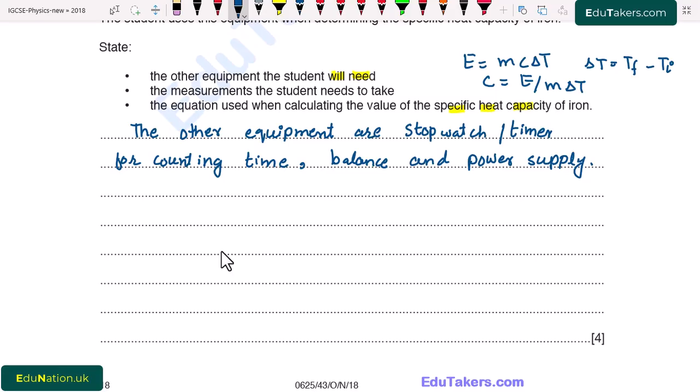So we also have to know about this temperature. So the measurements that student need to take is measuring the mass and also initial and final temperature.